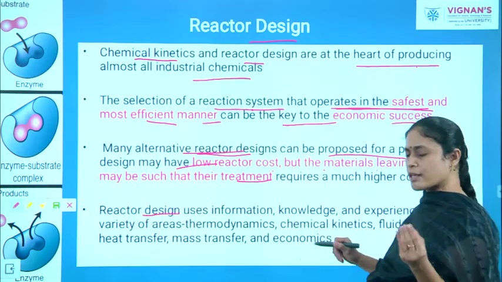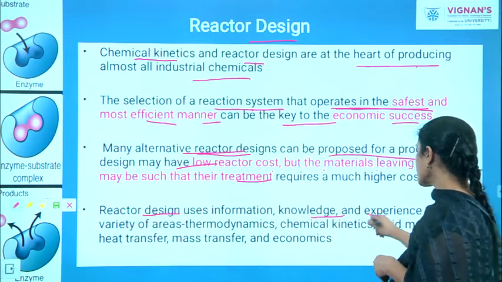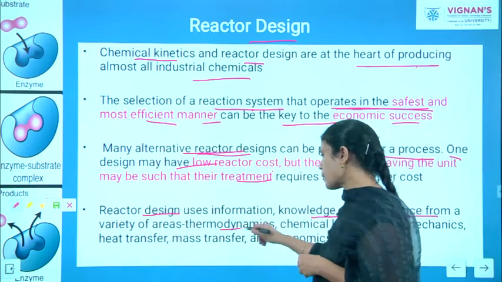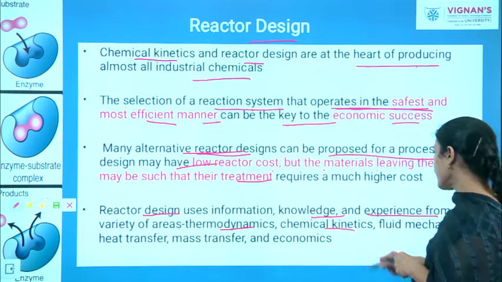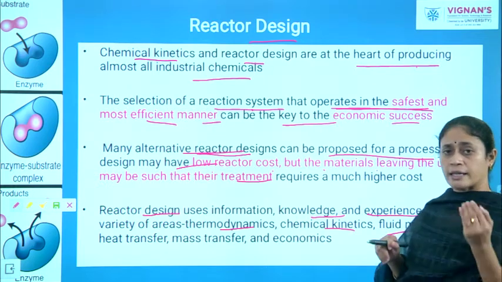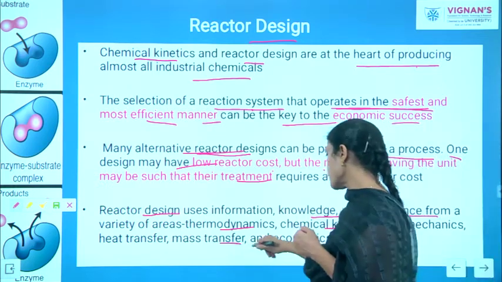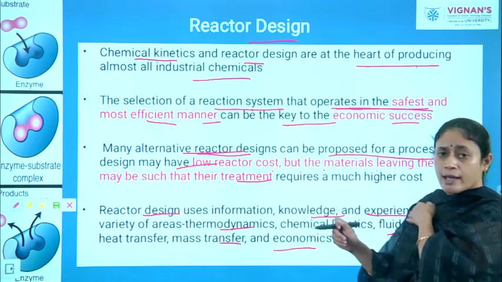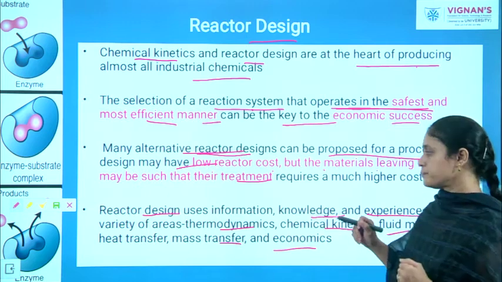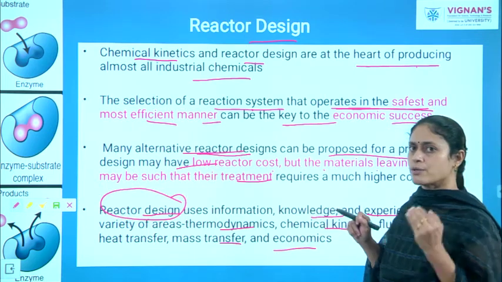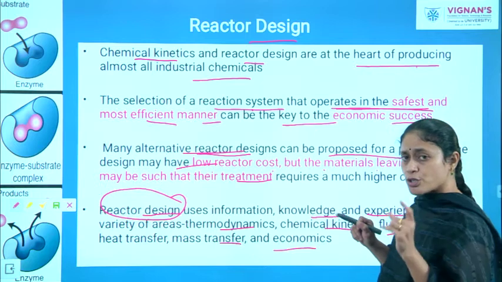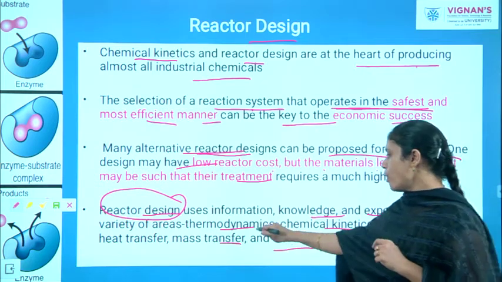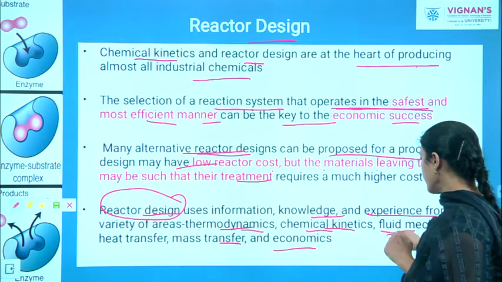Reactor design uses information, knowledge and experience from a variety of areas such as thermodynamics, chemical kinetics, fluid mechanics, heat transfer, mass transfer and economics while designing a proper reactor. So the person who is going to design a reactor should have a proper knowledge of all these different fields.